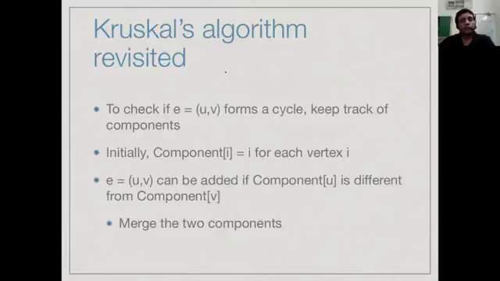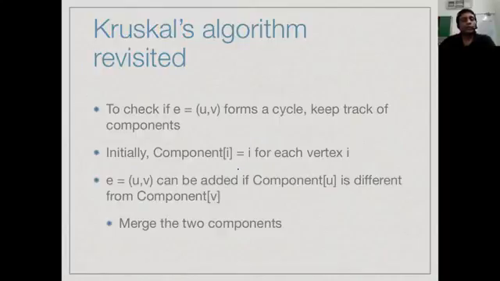So keeping track of whether or not a new edge forms a cycle is equivalent to keeping track of components. So how do we keep track of components? Well, we can label the components by numbers. Since we have n vertices and initially they are all n independent vertices with no edges in the initial starting point of Kruskal's algorithm, everything is disconnected.